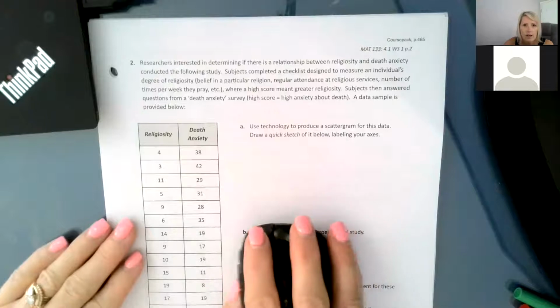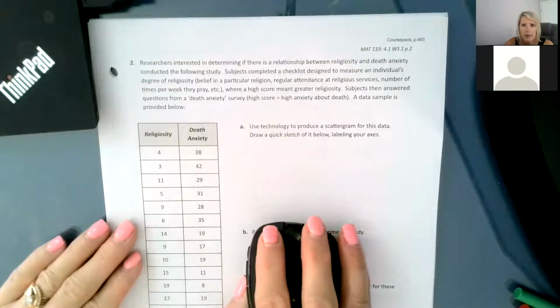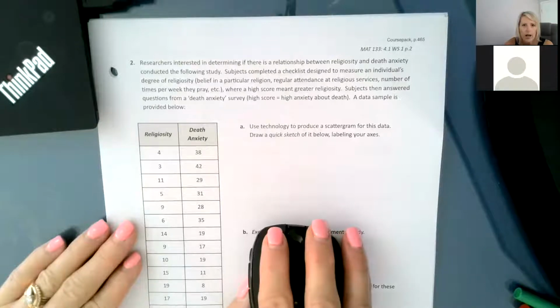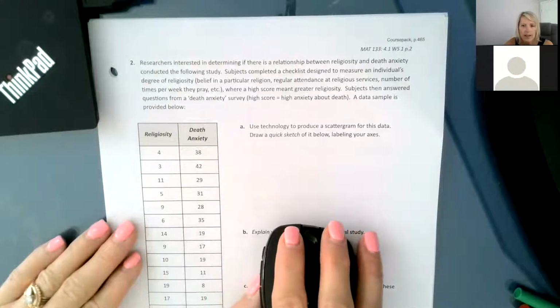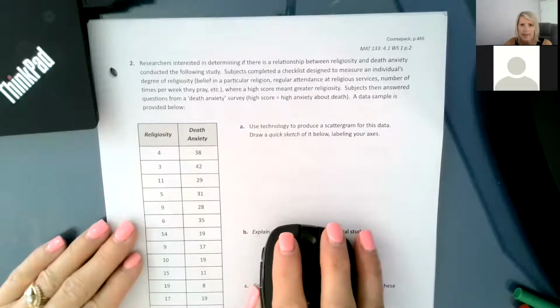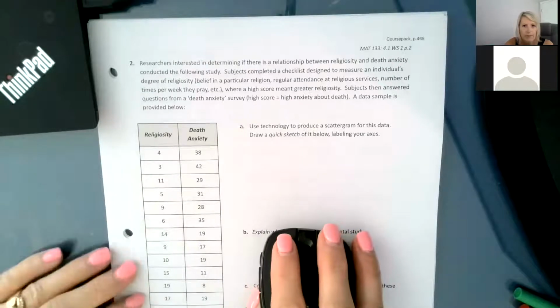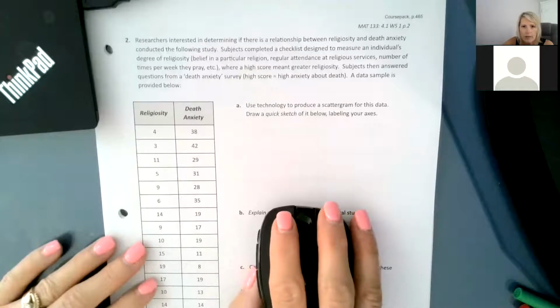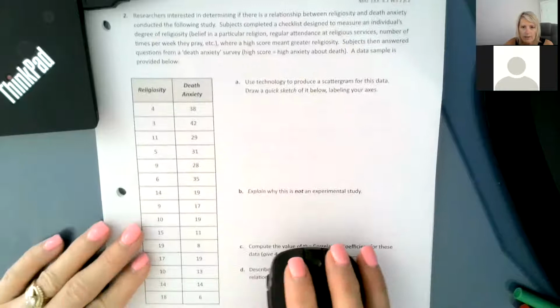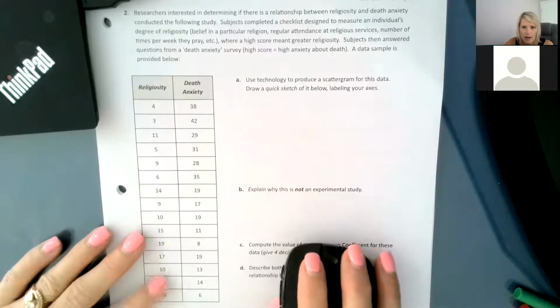Subjects completed a checklist designed to measure an individual's degree of religiosity, where a high score meant greater religiosity. And then they answered some questions about death anxiety, and a high score means they have high anxiety about death. Use technology to produce a scattergram for this data. Draw a quick sketch of it below, labeling your axes. We will in a minute.